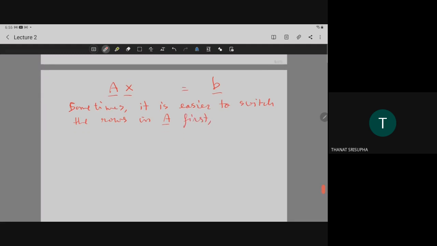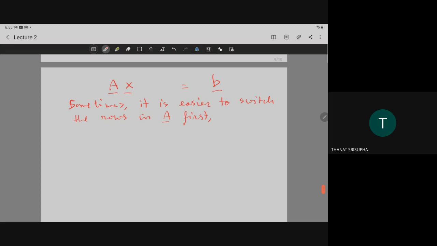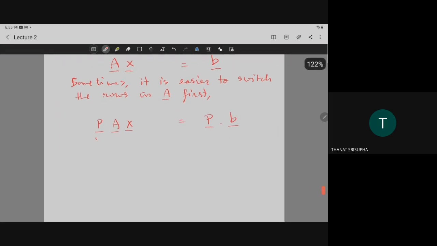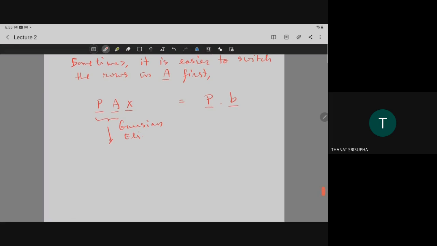So in that case, what we do is multiply with a permutation matrix, so we get PAx equals Pb. And then after the Gaussian elimination, we convert PA into L times U, times x.